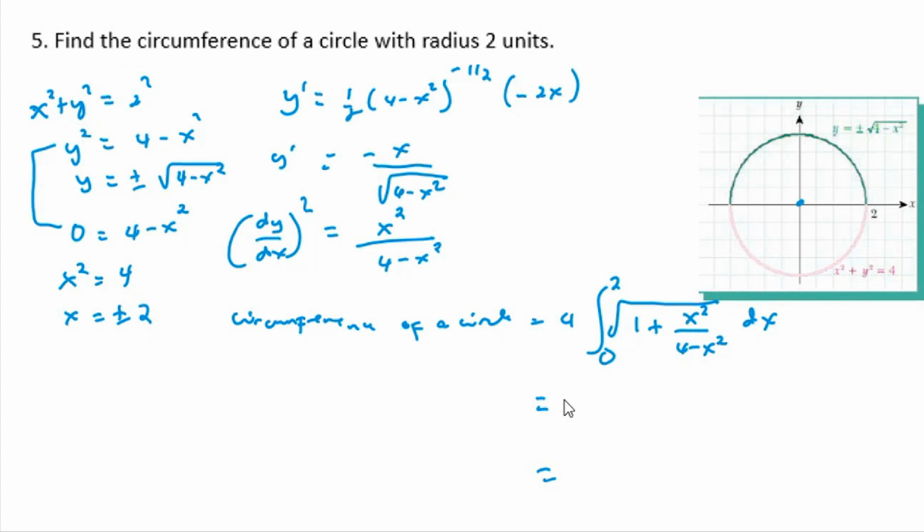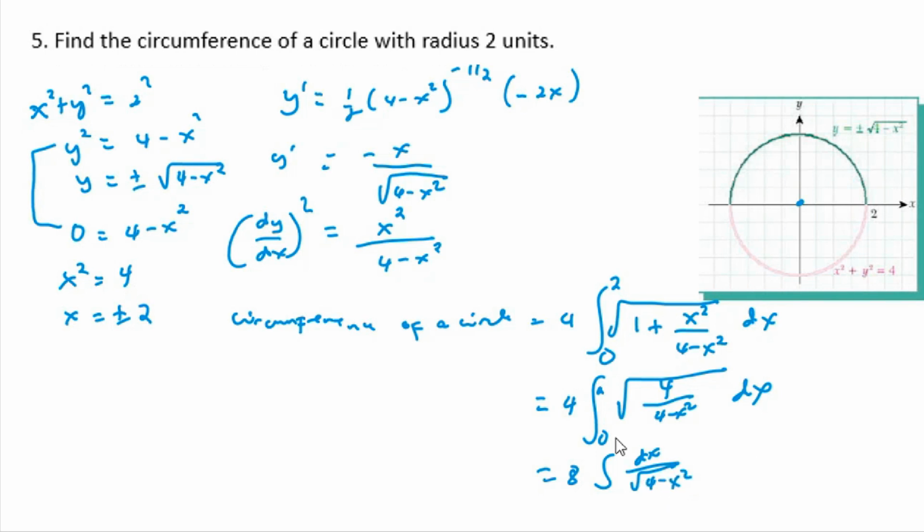Simplifying further the integrand, we have 4 times the integral of the square root of 4 over 4 minus x squared dx evaluated from 0 to 2. The square root of 4 is 2, so times 4 outside, it becomes now 8. And the remaining term is the integral of dx over the square root of 4 minus x squared.